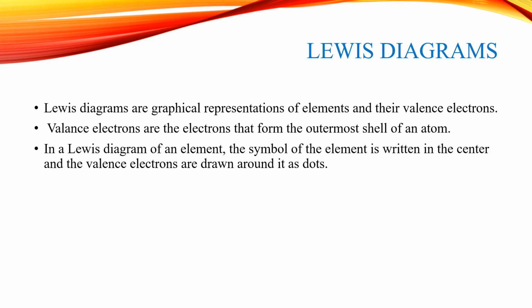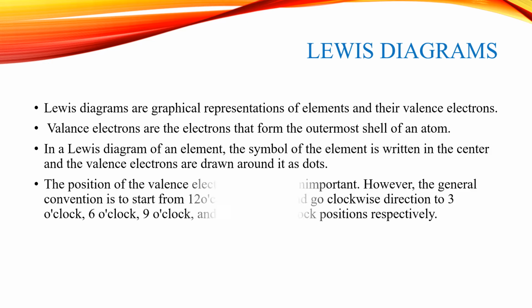Lewis diagram માં element ને કેવી રીતે લખવામાં આવે છે? સેન્ટર માં, અને વેલેન્સ ઇલેક્ટ્રોન એની આજુબાજુ ડોટ્સ દ્વારા લખાય. તમે 12th માં જોયેલું જ હશે. જેમ કે ઓક્સિજન હોય તો ઓક્સિજન સેન્ટર માં આવશે અને એના વેલેન્સ ઇલેક્ટ્રોન ડોટ વડે આજુબાજુ દર્શાવવામાં આવે છે. તો આને કહેવાય graphical representation of elements and their valence electron.